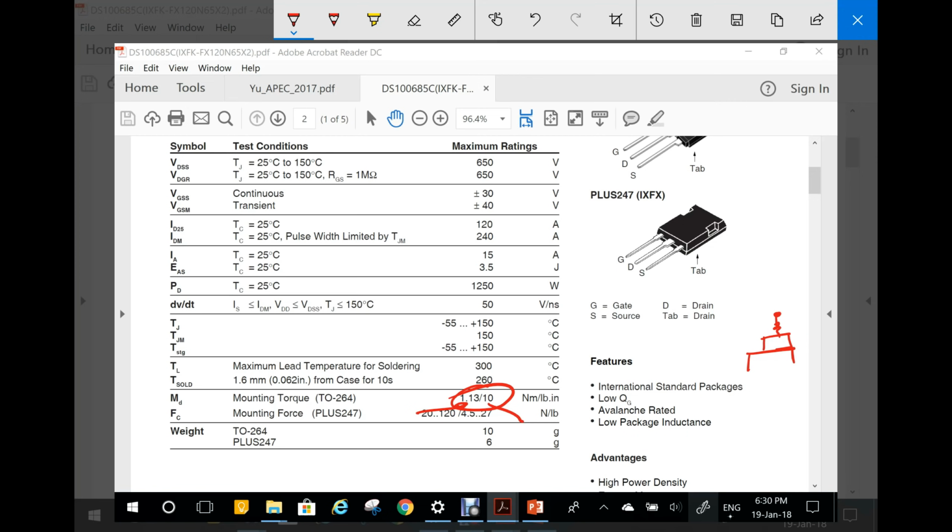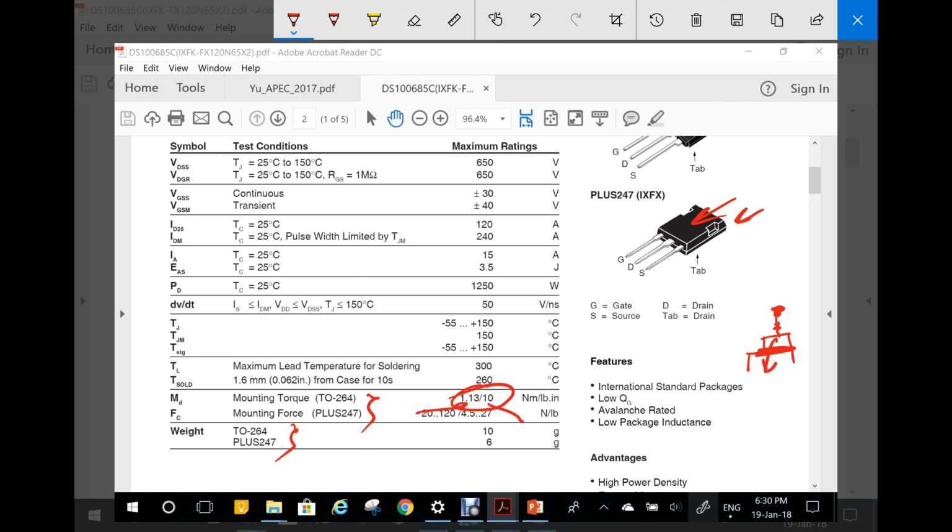And the idea is that you like to tighten the screw such that there'll be good connection, so that there'll be good thermal transfer. On the other hand, it will be too tight and might crack the plastic and break it. So this is the mounting force, and this is for the two devices. And then finally we do have the weight of this device, just the bare device.